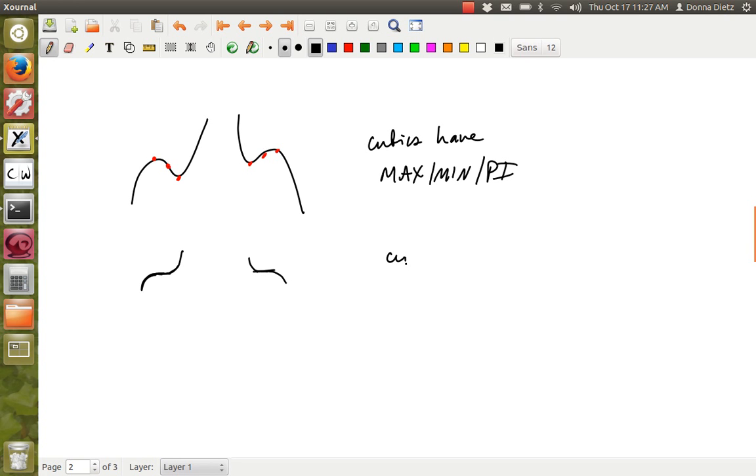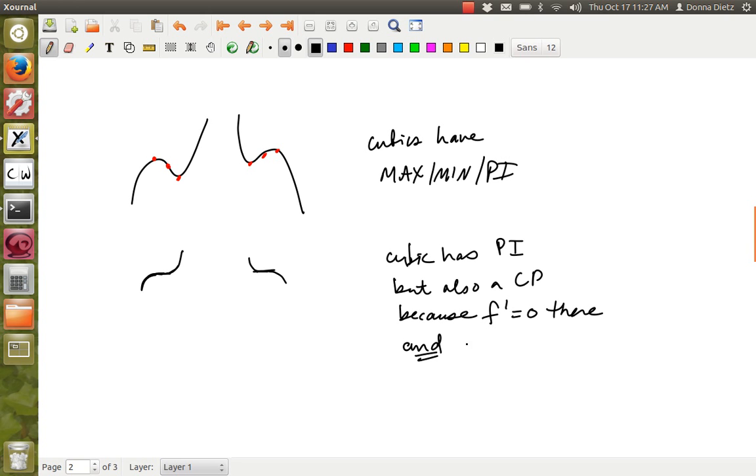This cubic has a point of inflection, but it's a critical point. It's a critical point because f prime equals 0 there, and f double prime equals 0 there.